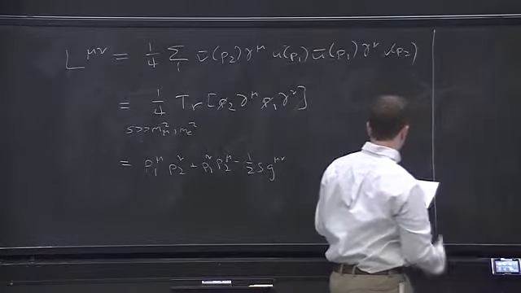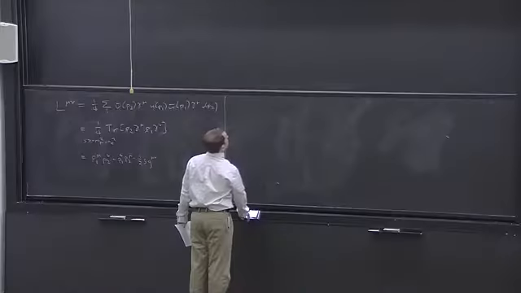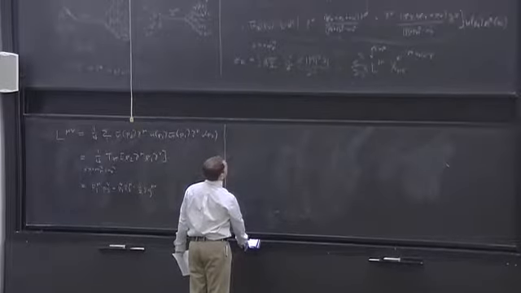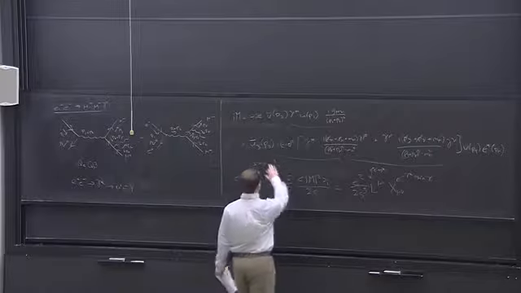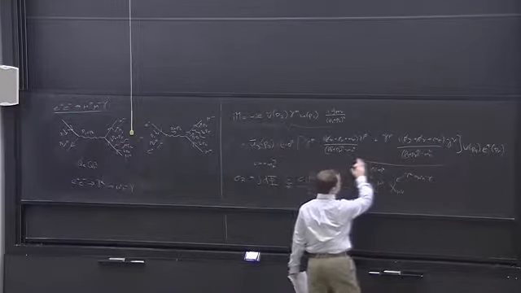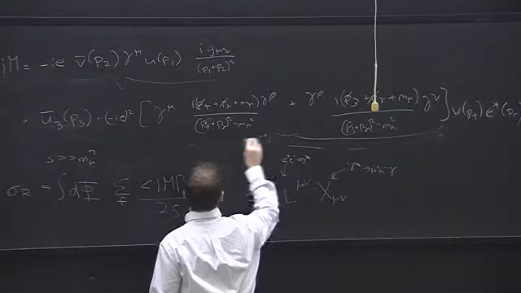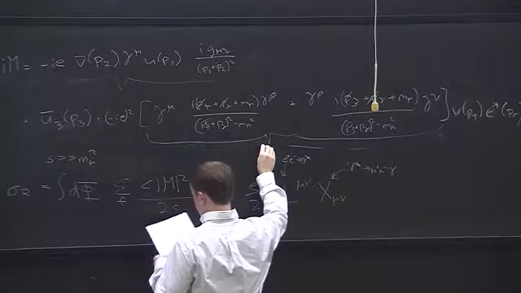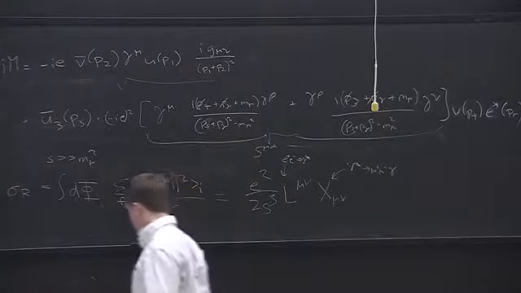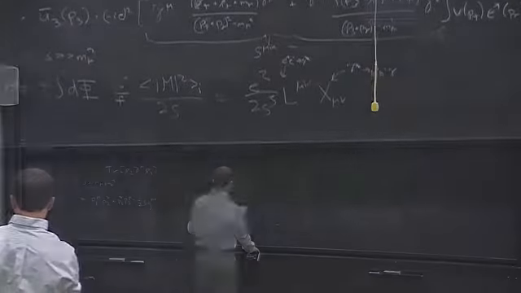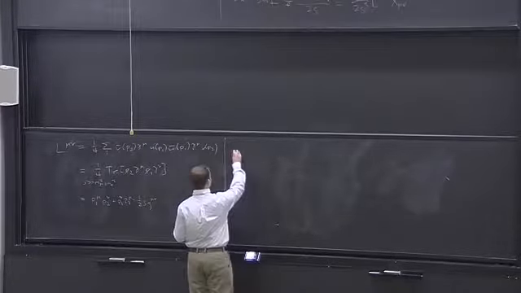Now let's look at the muon part. To avoid having to write this lengthy expression over and over again, I'm going to call this part S mu alpha. And let's just look at the structure of X mu nu.